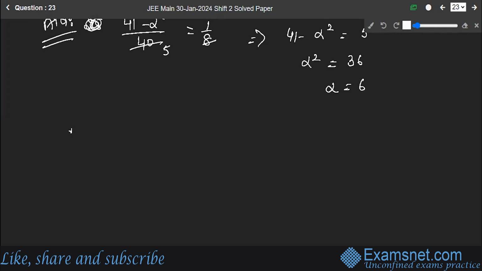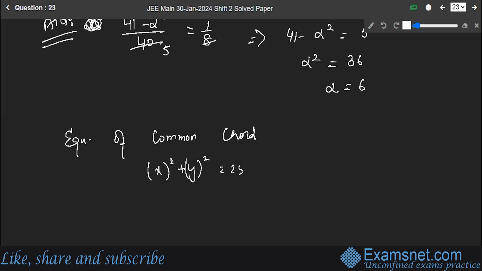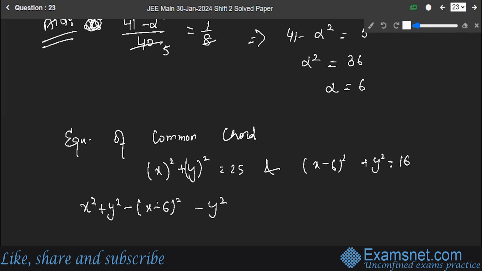Now, equation of common chord. We're subtracting the two circles, which is x square plus y square is equal to 25, and another one, x minus 6 whole square plus y square is equal to 16. This will be x square plus y square minus this is equal to 25 minus 16.